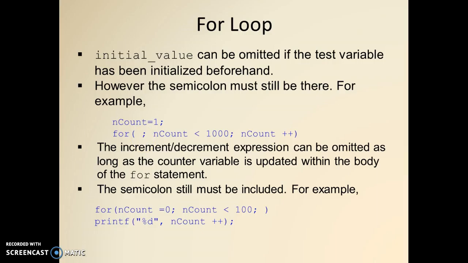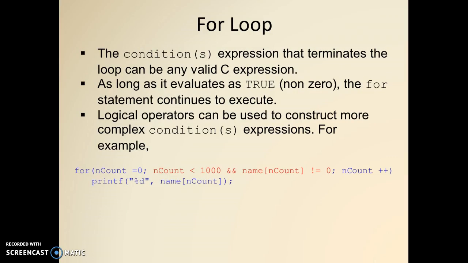Once again, here there is no update statement, as the updation of the variable can be done inside the body of the for loop. Here we are incrementing the ncount variable inside the for loop. So this updation statement can be omitted, but the semicolon should be there.